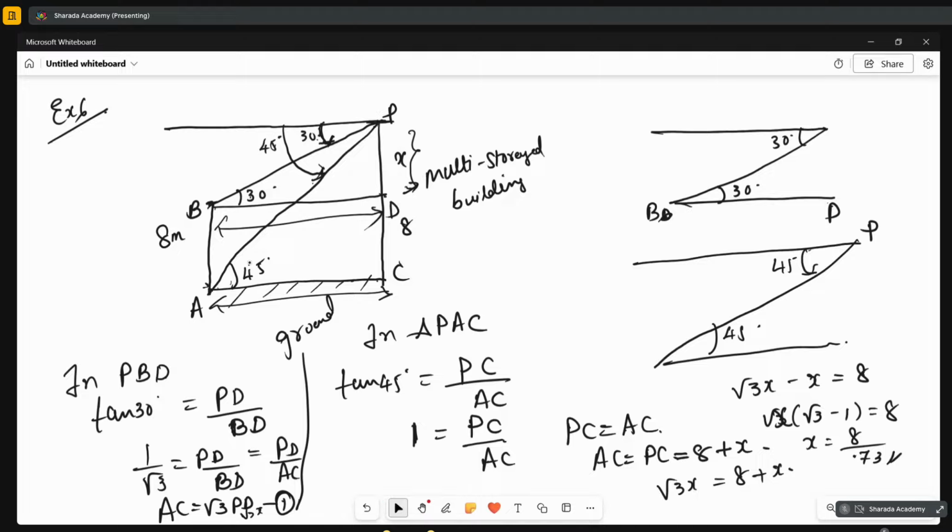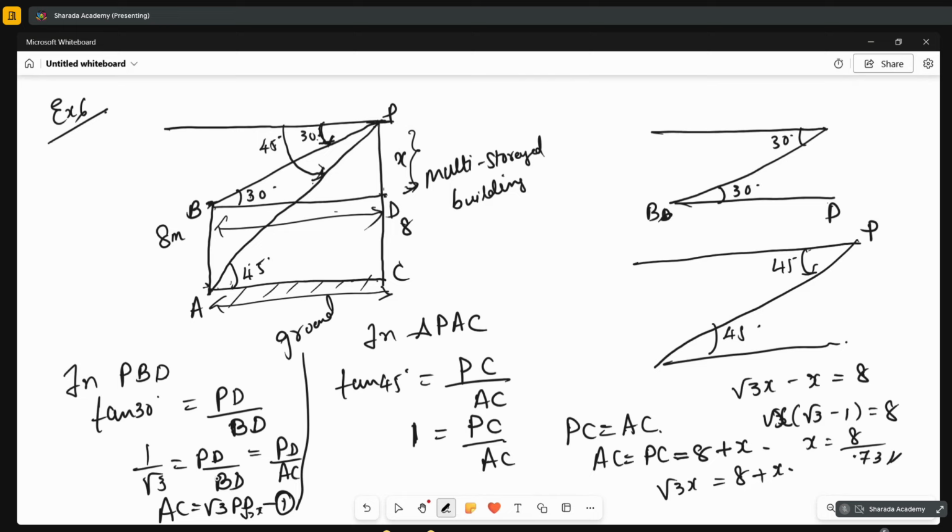Now in triangle PBD, tan 30 will be equal to opposite by adjacent, so PD by BD.